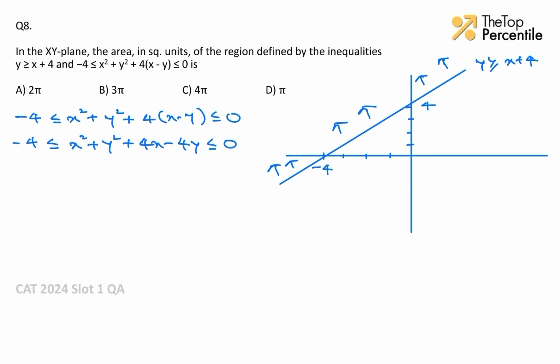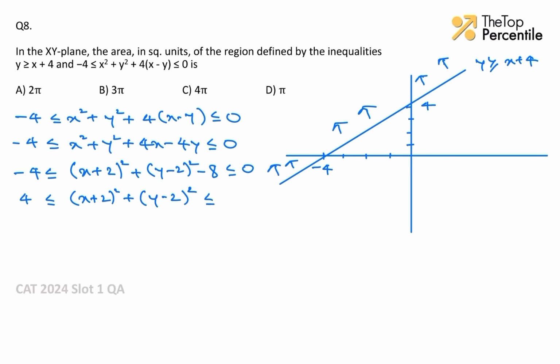Now I can form whole squares of these. This can be x plus 2 whole square and this can be y minus 2 whole square. So that leaves me with minus 8. This will be less than or equal to 0. This will be minus 4. Let me add 8 here. So this will give me 4 less than or equal to x plus 2 whole square plus y minus 2 whole square less than or equal to 8.